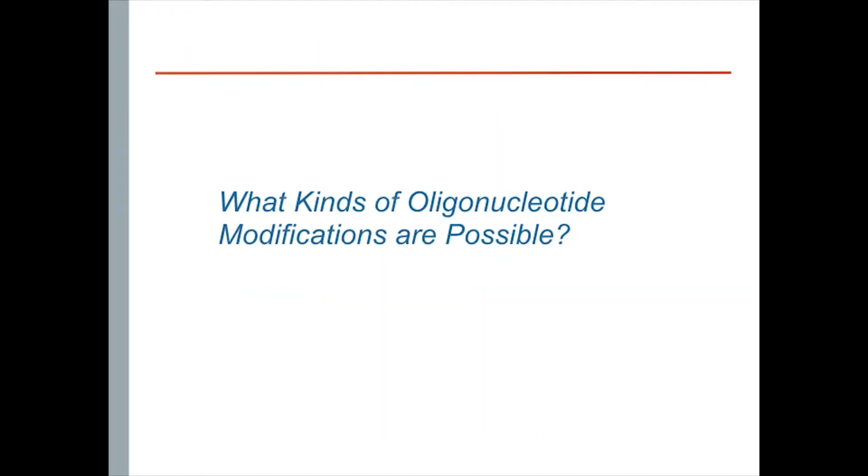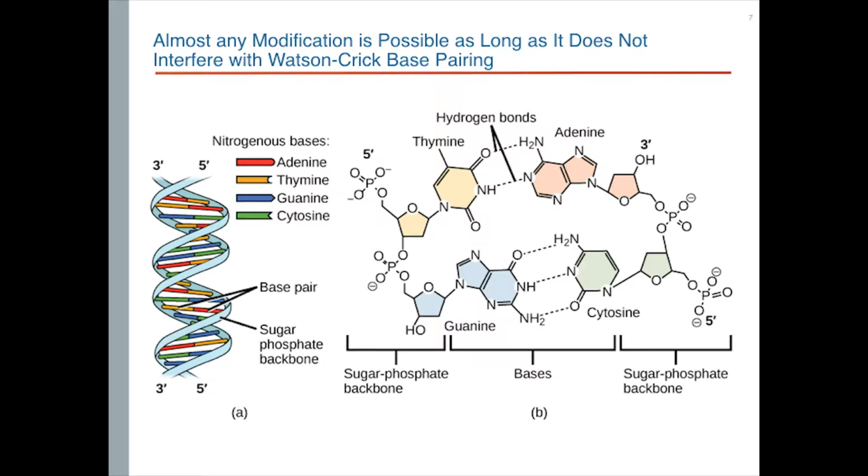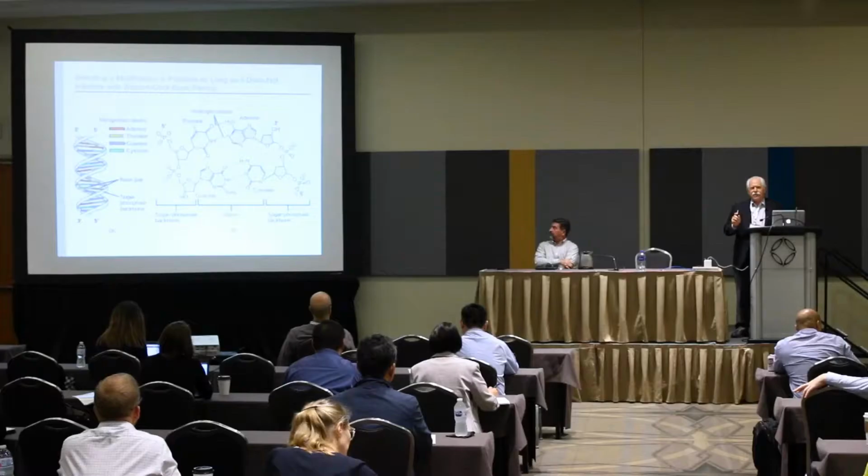But what I want to focus on is what kinds of modifications are available. You very much benefit from the fact that there are all kinds of modifications you can make to oligonucleotides without interfering with hybridization. I benefited from dialogue with David Kearns in the mid-80s. We brought him in as a consultant at GenProbe.